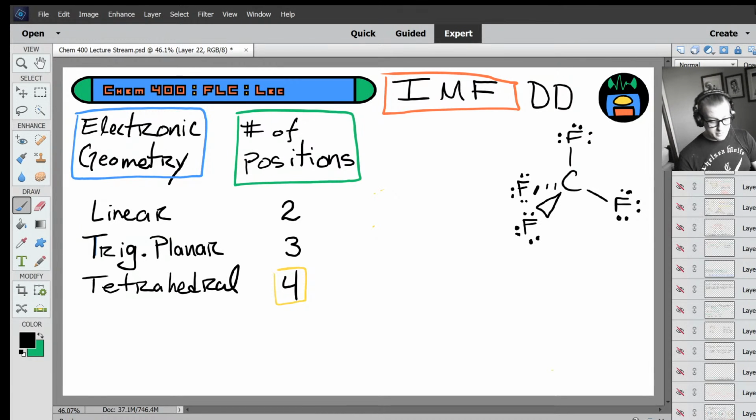So they're definitely polar, but because in CF4 we have every position occupied by the same group, they cancel. This is nonpolar.